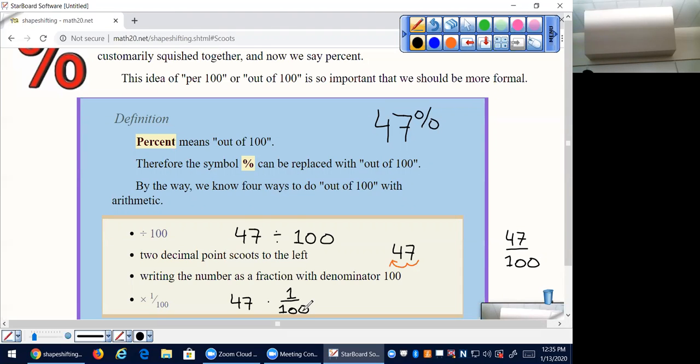So put this somewhere very clear in your notes. We're going to keep looking back at this today. We're going to look at lots of things to do with percents. And sometimes one of these is the best way to go about it. And other times another of these will be the best way to go about it. So this is like our secret decoder ring for how to deal with percents.